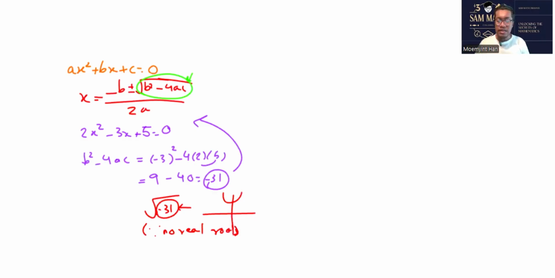So for the discriminant, we have 3 ways an answer can turn out. If our discriminant is less than 0, as in this example, it means no real root, so no real answer.